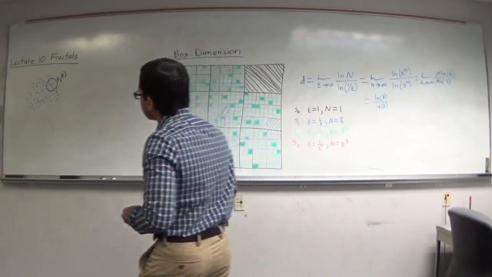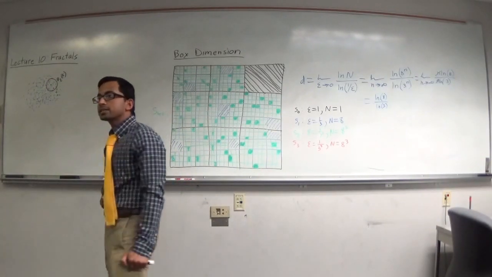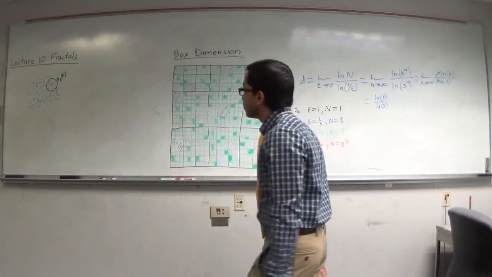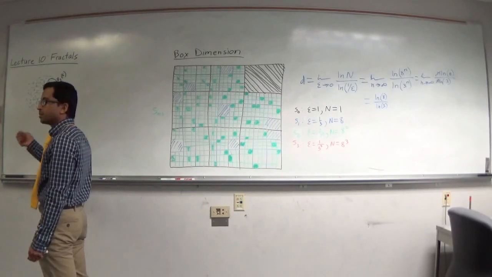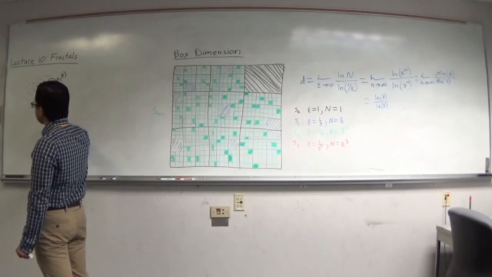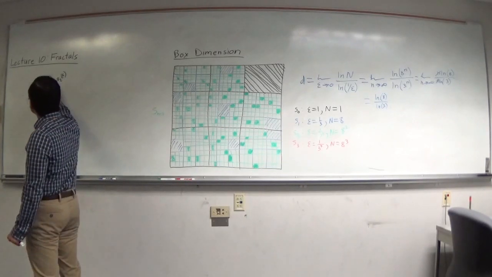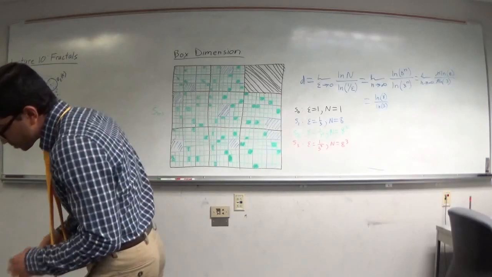What we want to think of is, if we run this map, how many iterates are going to be intersecting this ball?